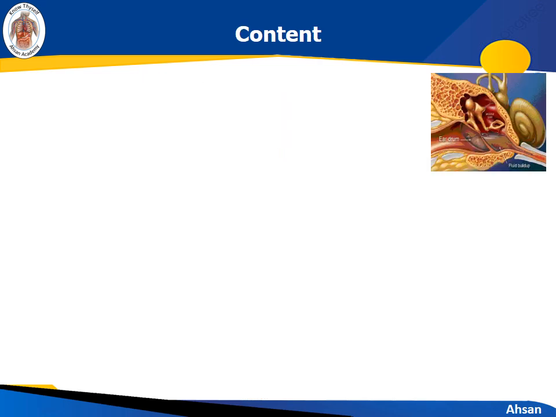The middle ear contains different structures. You can see the arrow is indicating the tympanic membrane, and on the right side the white arrow indicates the position of the internal ear and the wall that separates it from the middle ear cavity.